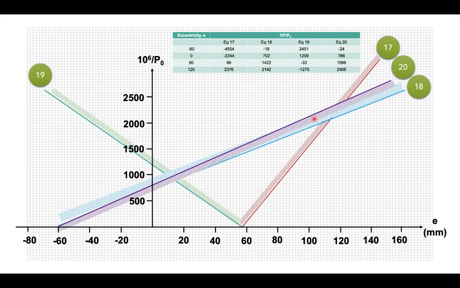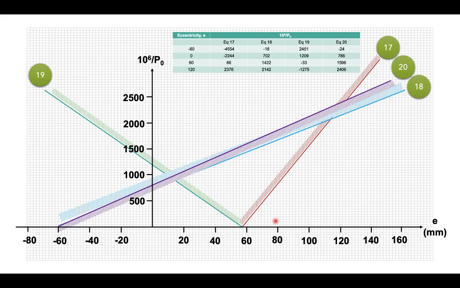If we go back, we can see here that we have these boundaries, right? We have equation 19, so this is the boundary. Then we have equation 17, so the boundary becomes here. Then we have equation 20, so here is the boundary, and also we have equation 18, which gives us the boundary here, right?